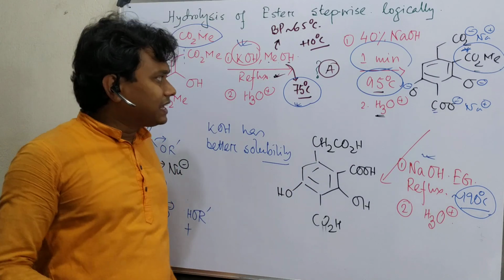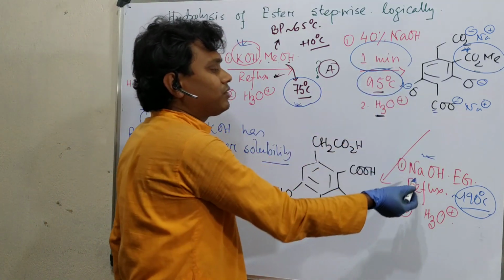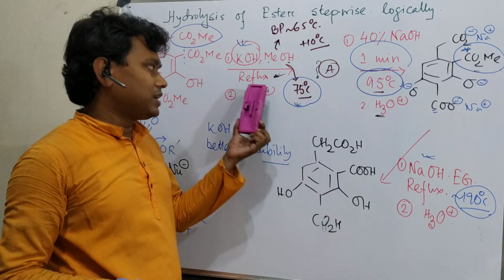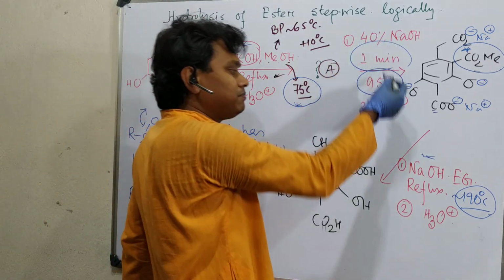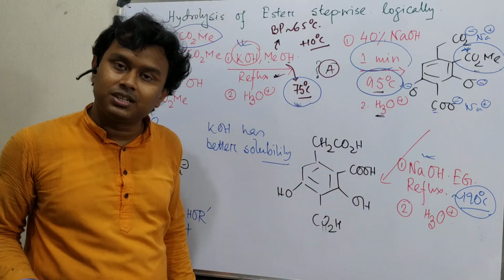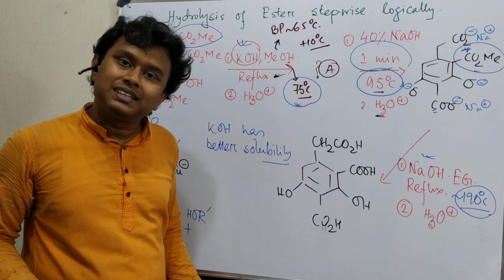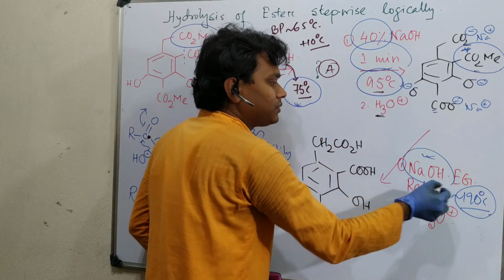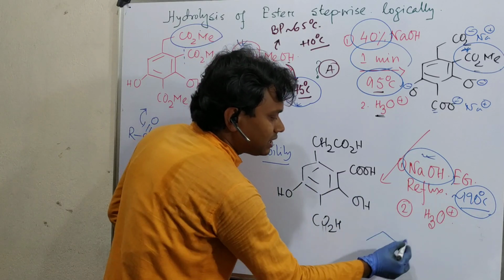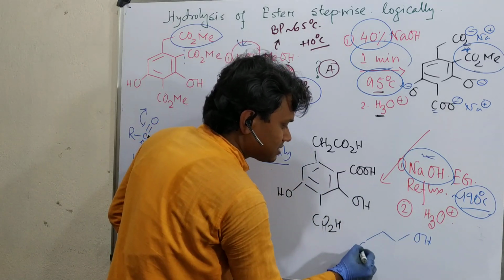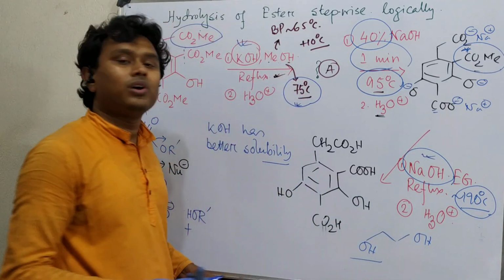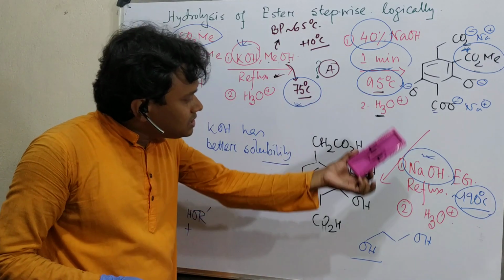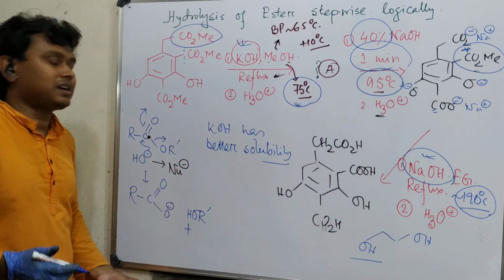Okay, and second point, here and here, why sodium, previously potassium? First of all, as I said, solubility, but when you increase the temperature and make the condition more drastic, then it doesn't matter. See, here 40% NaOH and here pure NaOH, and this is ethylene glycol, meaning a high boiling solvent. So this is the overall explanation for this hydrolysis.